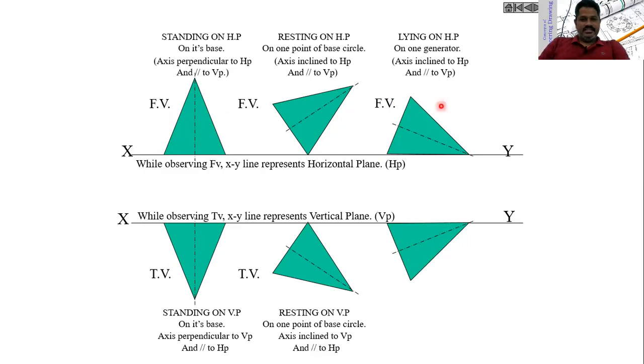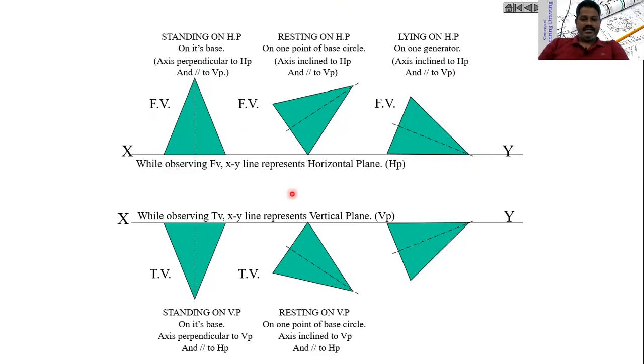In these three cases, as I said, the base is lying on HP. In the first case, as you can see here, the base is lying on HP completely, the base is parallel to HP, and the axis is perpendicular to HP and parallel to VP.